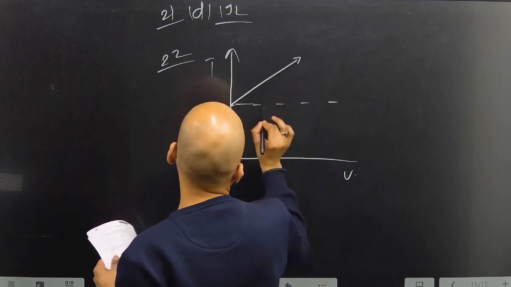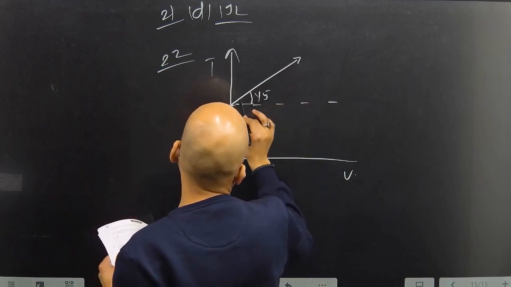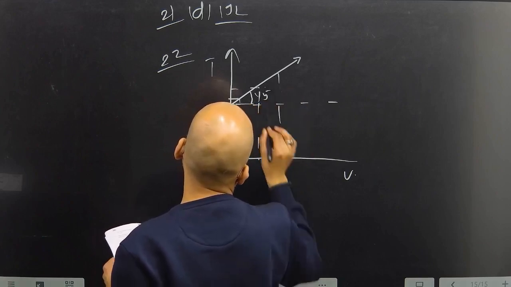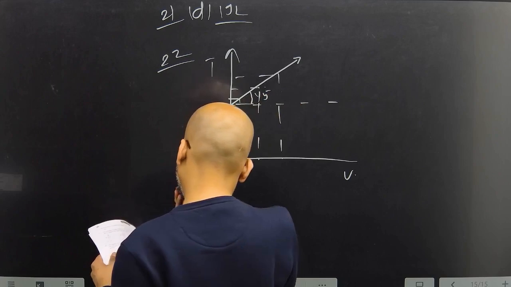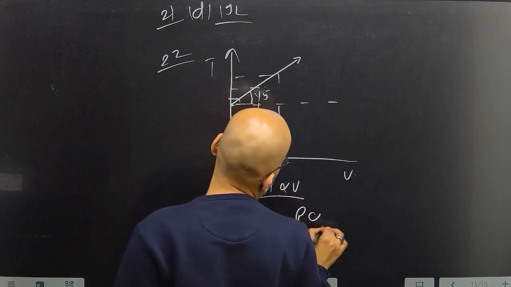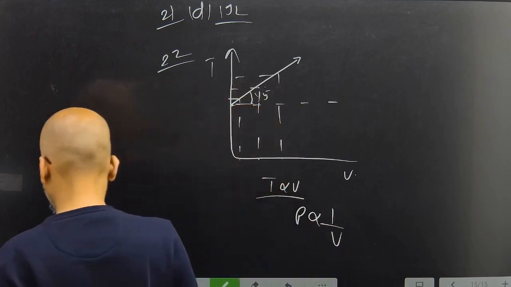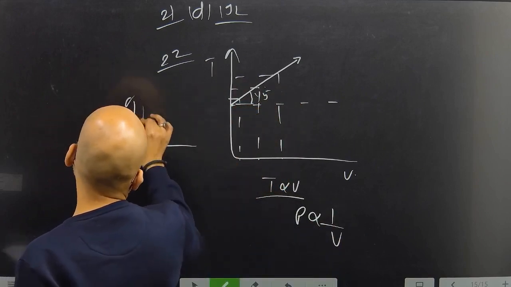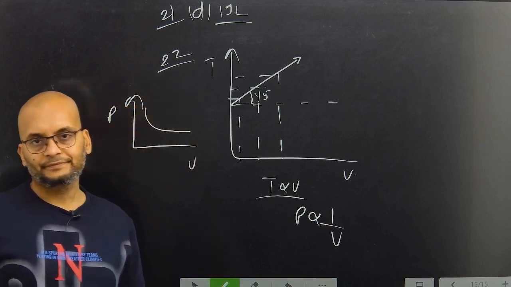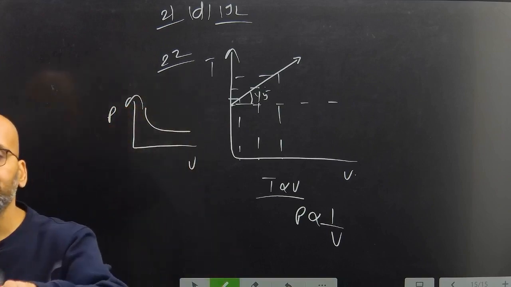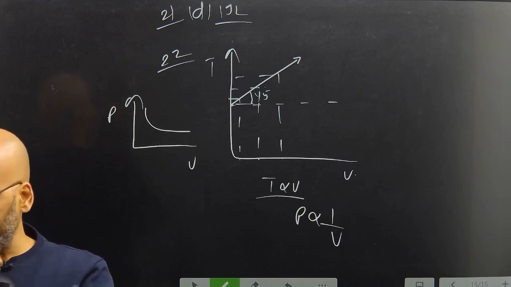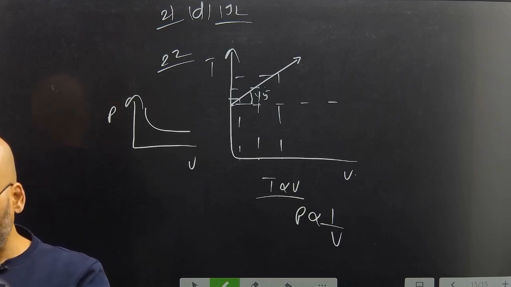That's the relation given. If this is the volume, this is the temperature. If T is directly proportional to V here, that means P will be inversely proportional to V. So if this is your PV, yes or no? So option A is correct.